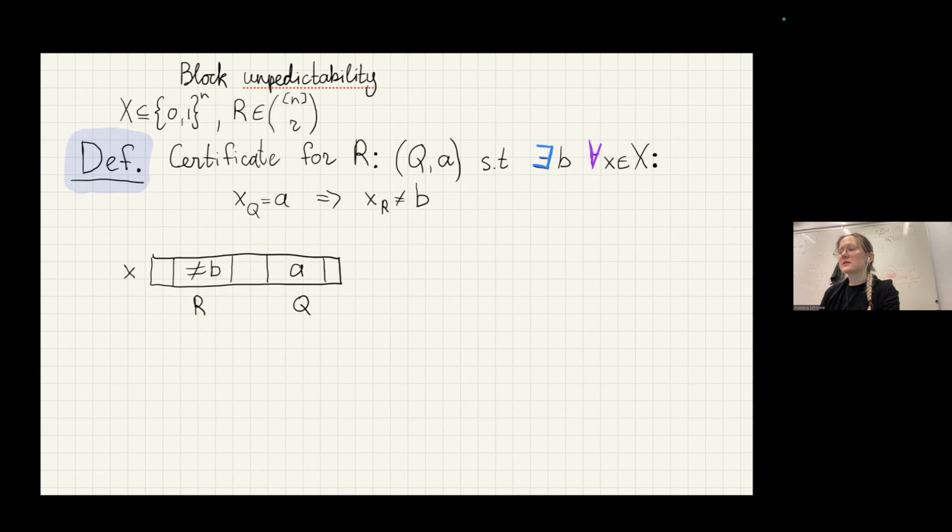Here, we also exclude at least one string from the 2 to the size of R possibilities.